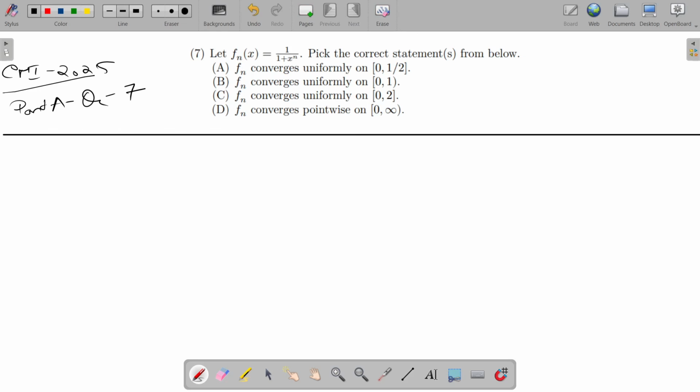Okay, so let us first try to figure out the limit function, since looking at the function, the limit function will exist, and then we will do the rest.